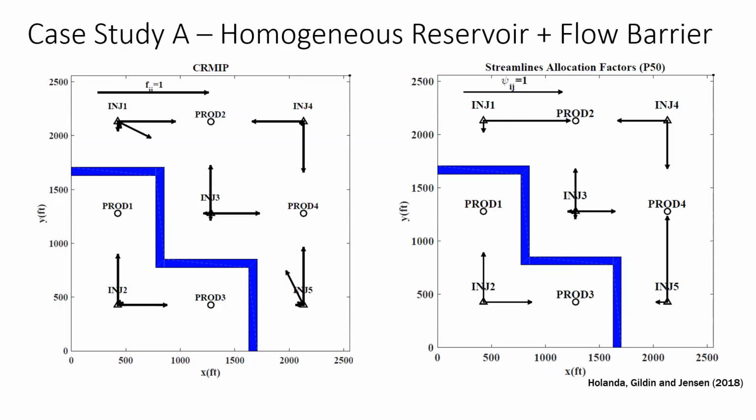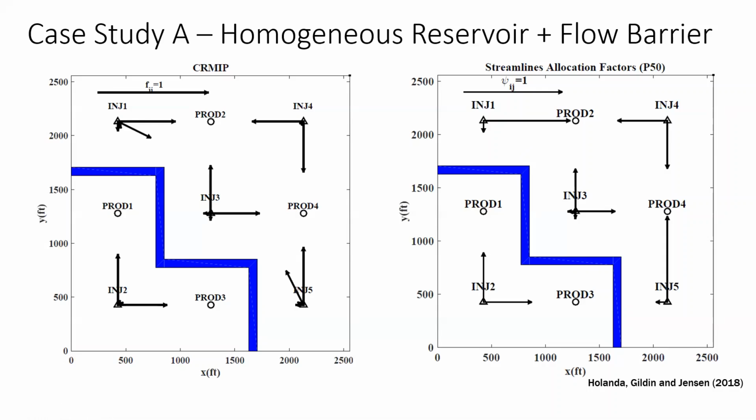For example, to depict the advance of the waterfronts, which is usually described by streamlines, as shown here, the streamline allocation factors are usually restricted to only adjacent injectors of a given producer.